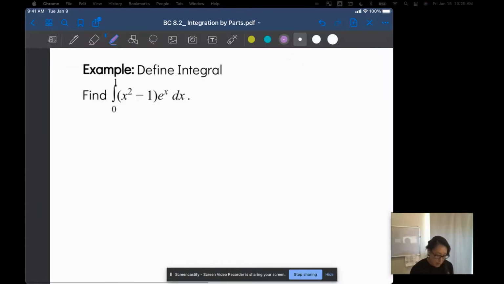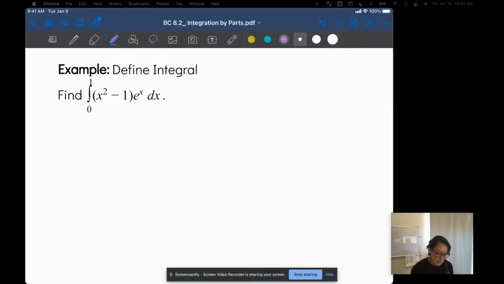We're going to find the definite integral, and I can see that when I set up my u, the derivative of u would be 2x, so I'm probably going to have to take the derivative again. So I am going to set this up using the tabular method.